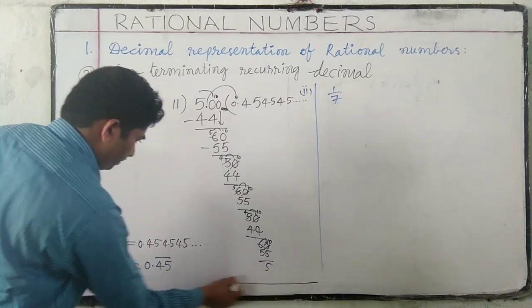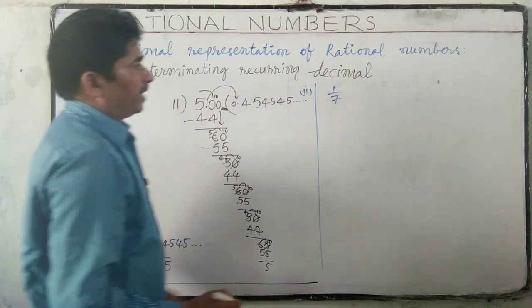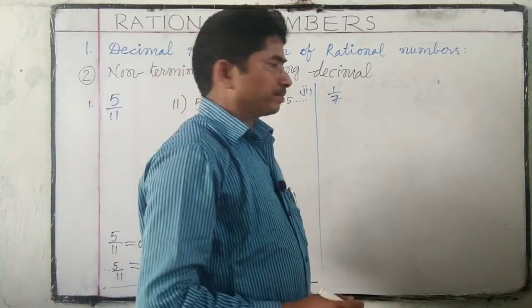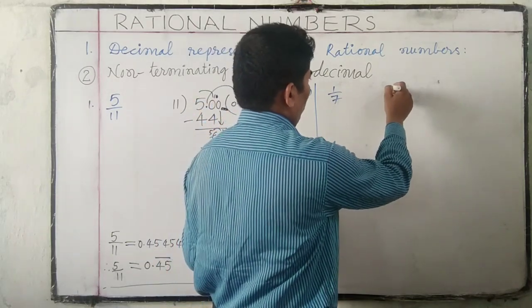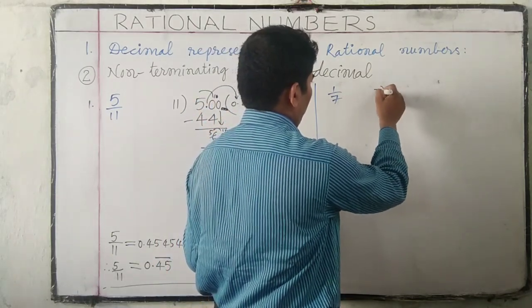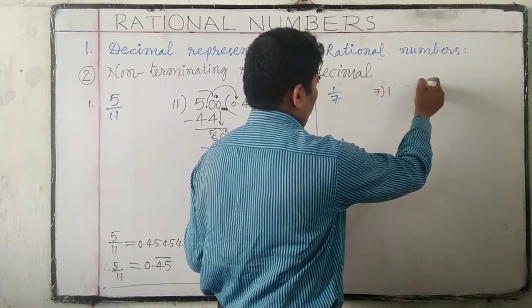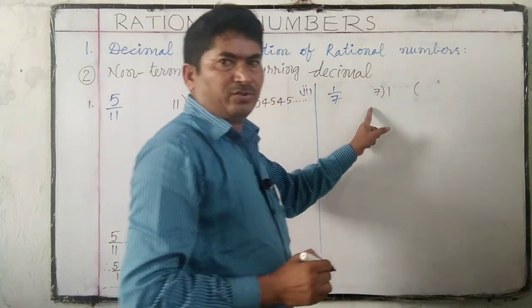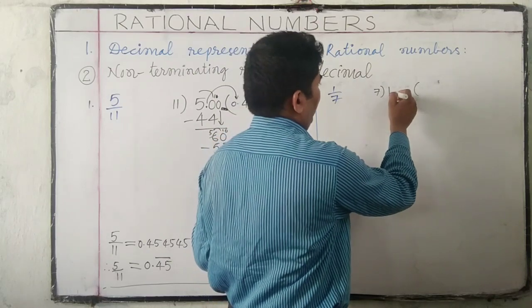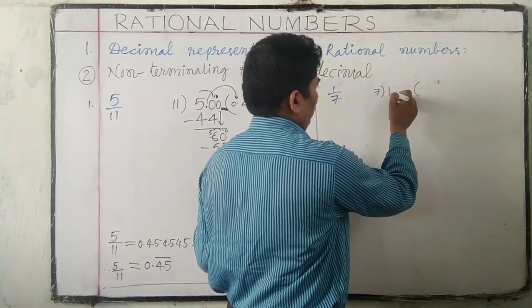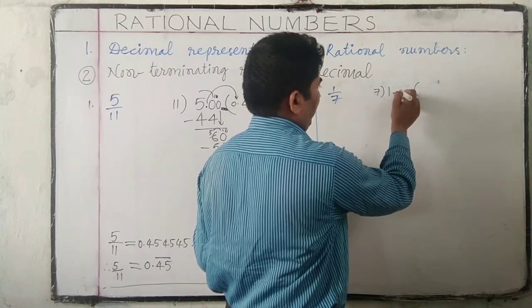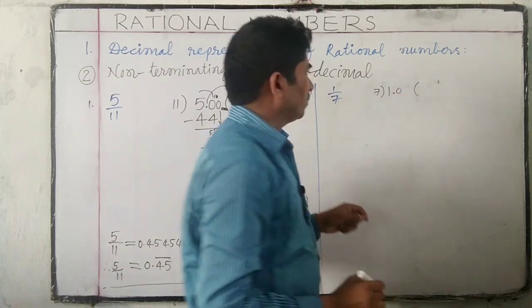Next, 1 by 7. Let us observe this. 1 is not divisible by 7. That's why keep a decimal point in the dividend and also a 0.